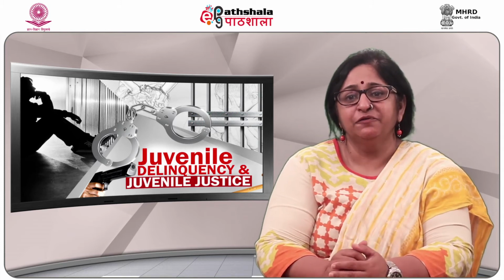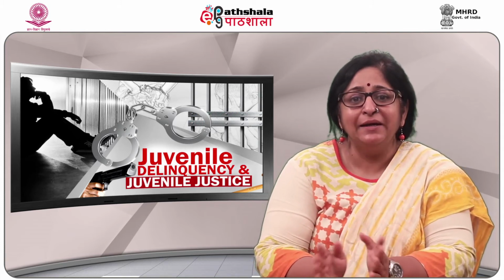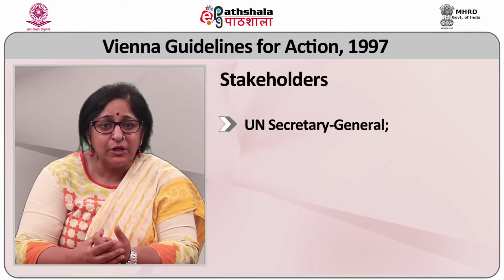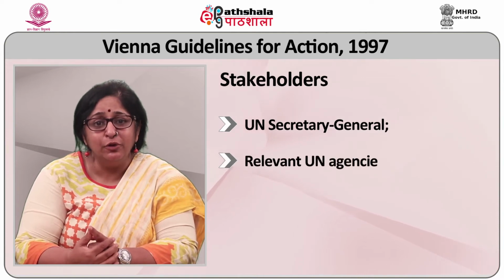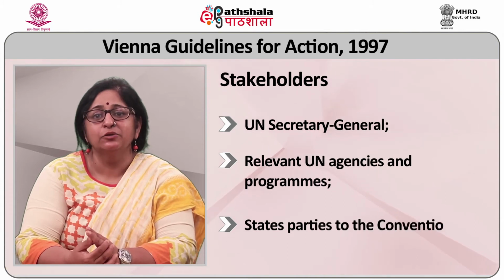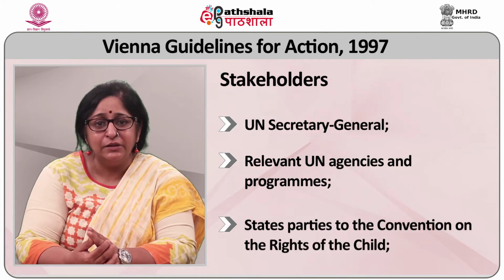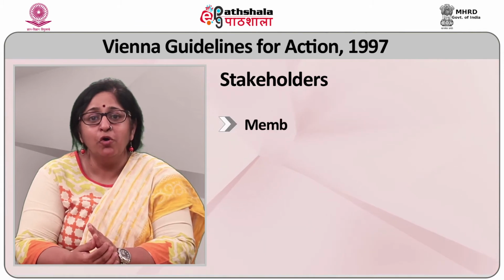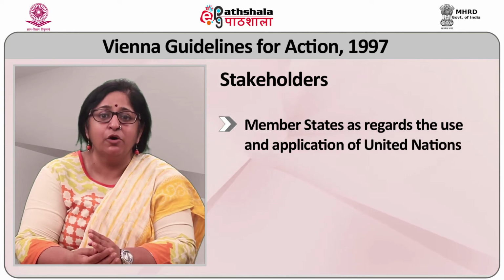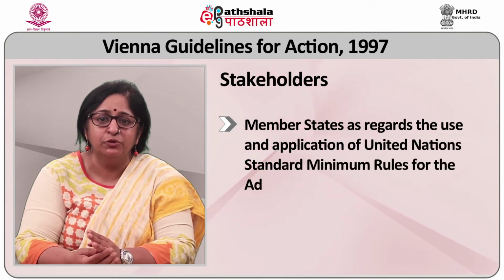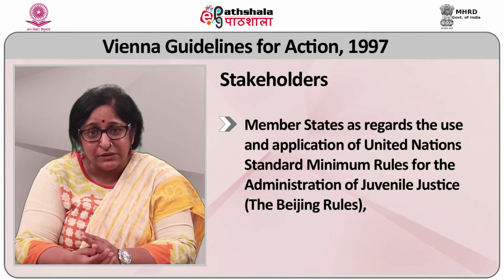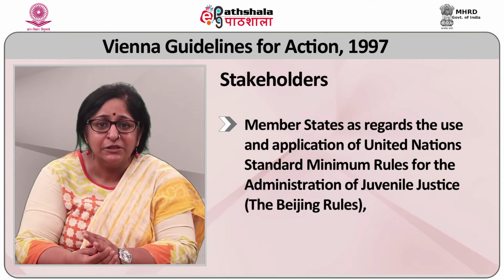The Vienna Guidelines for Action are addressed to various stakeholders such as 1. The UN Secretary General, 2. Relevant UN agencies and programs, 3. States parties to the Convention on the Rights of the Child, which includes India, 4. Member states as regards the use and application of the UN Standard Minimum Rules for the Administration of Juvenile Justice, which is the Beijing Rules, which we have already discussed in the last module.